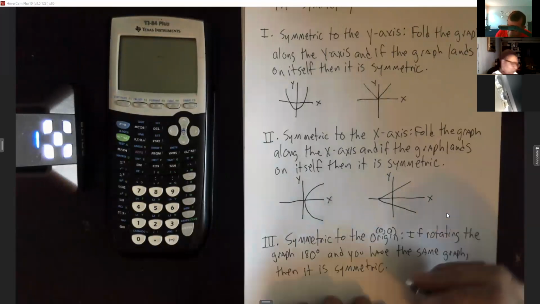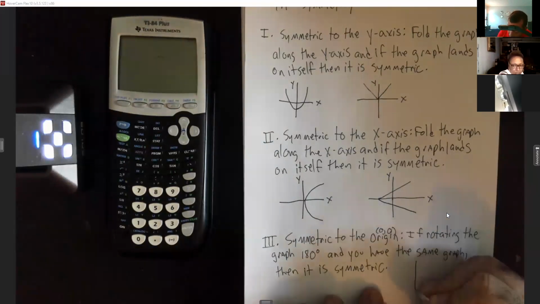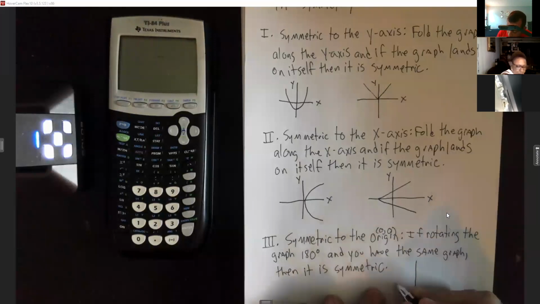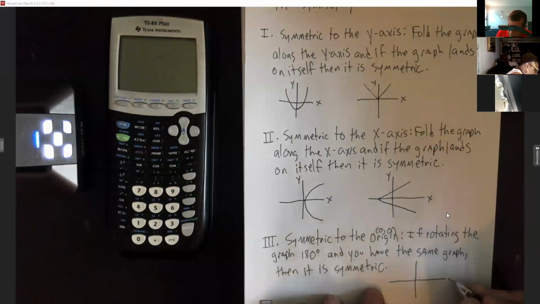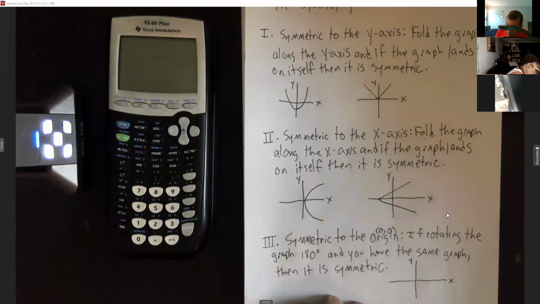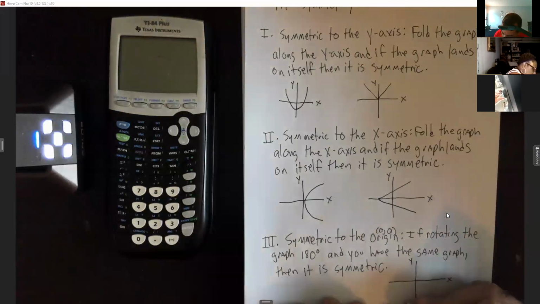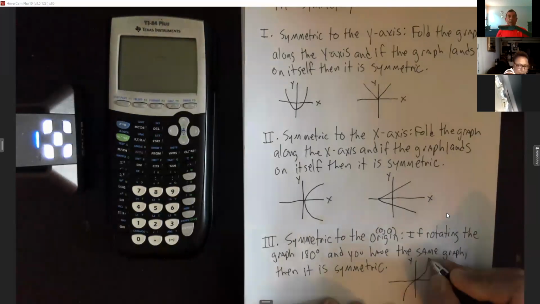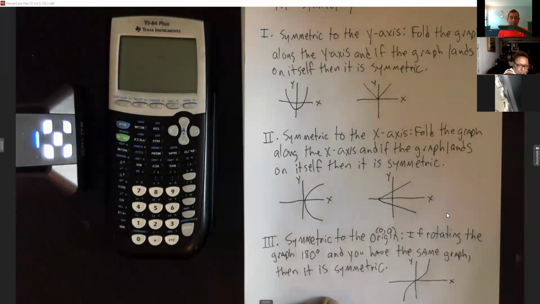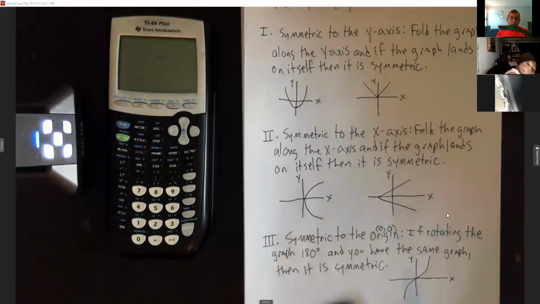So let me draw one right here for you. All right, y'all, so to be symmetric to the origin, I might have a graph come up, sort of crosses through the middle, and then goes up. Notice this graph.